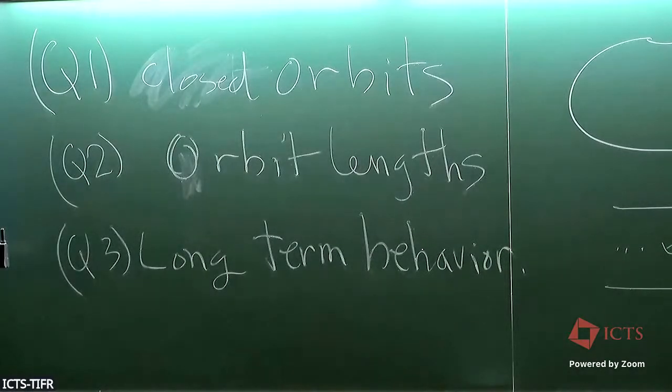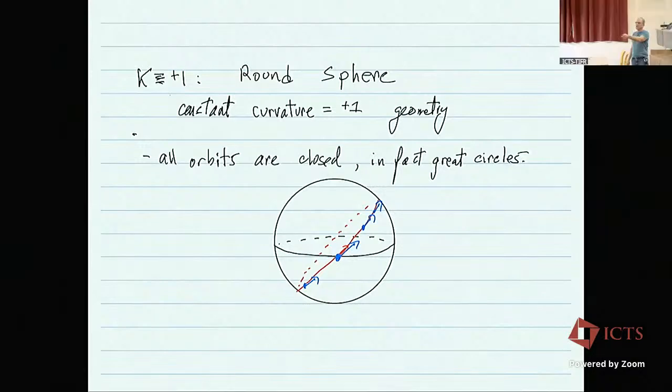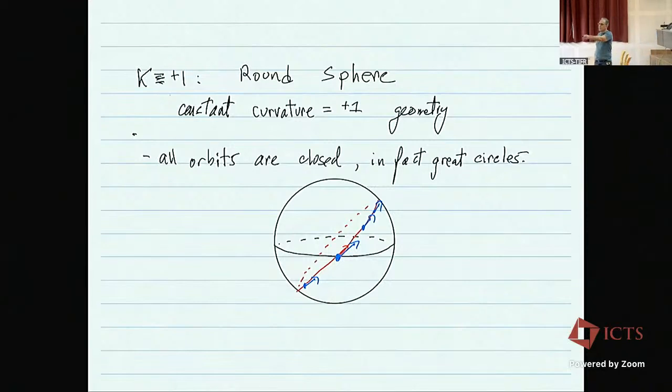Okay, let's look at the constant curvature surfaces. On a sphere, with constant positive curvature, say +1, you take as a model the unit sphere in Euclidean 3-space. If you follow a tangent vector along, you just close up on yourself and get a closed geodesic.